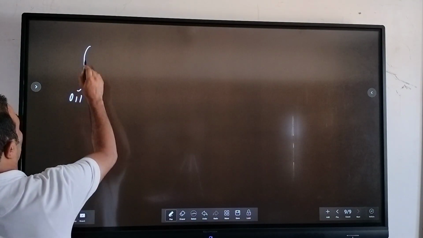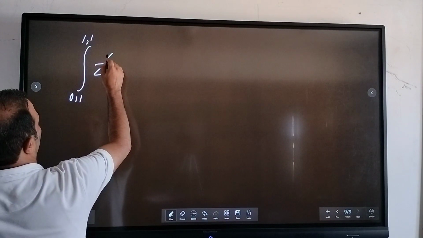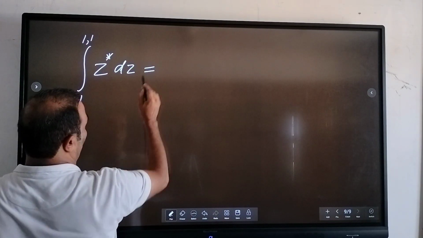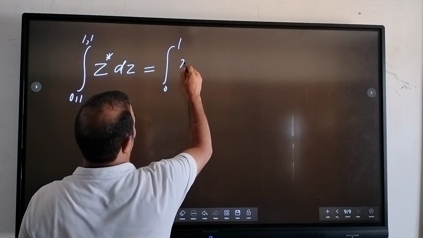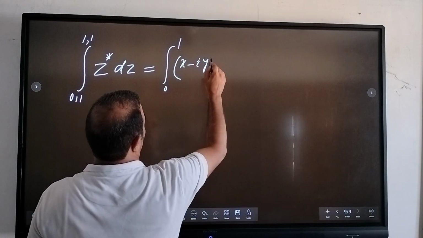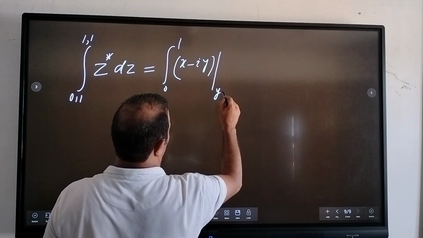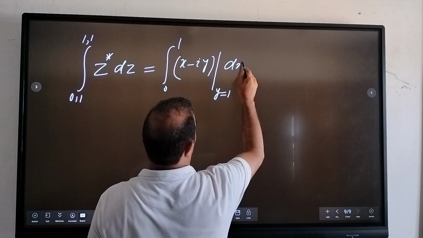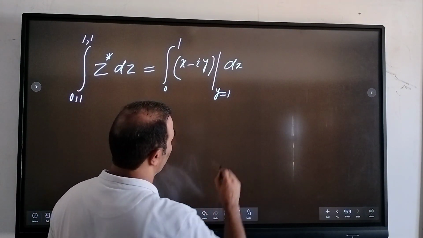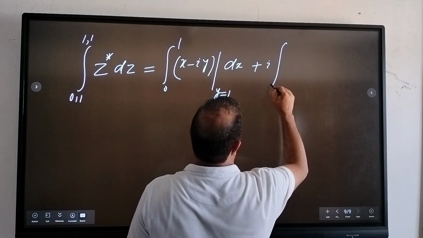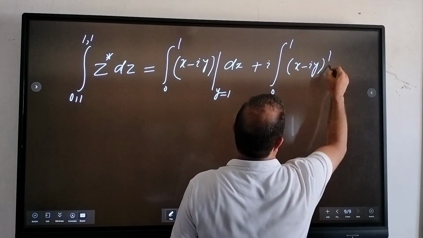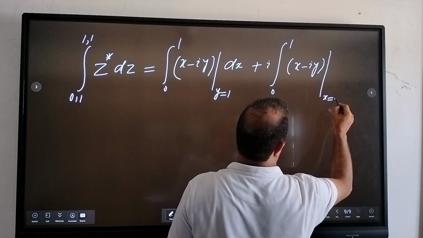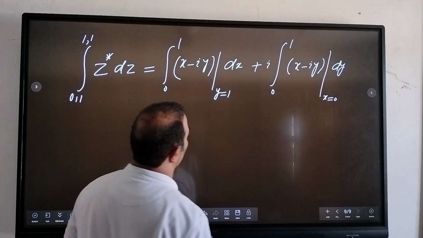So you can rewrite this as, this will be equal to 0 to 1. So what should be the first integral?